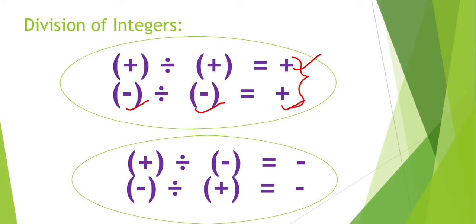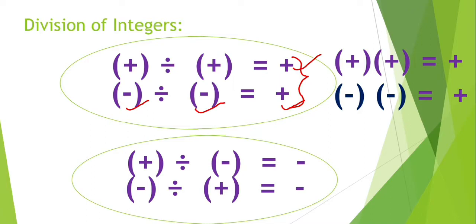In the case of multiplication also, you have to remember that when you multiply a positive integer with a positive integer, that means when you multiply the same signs, you will get plus as the result. Similarly, minus into minus is also plus. So division and multiplication follow the same rule. When we multiply the same signs, we get a positive integer as the result.